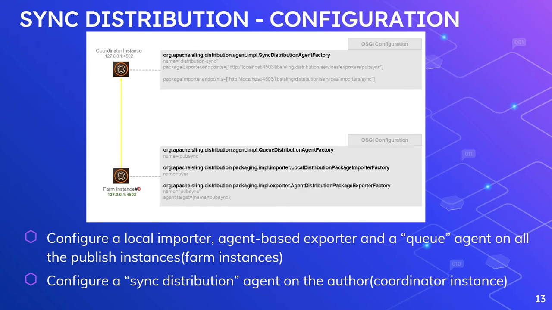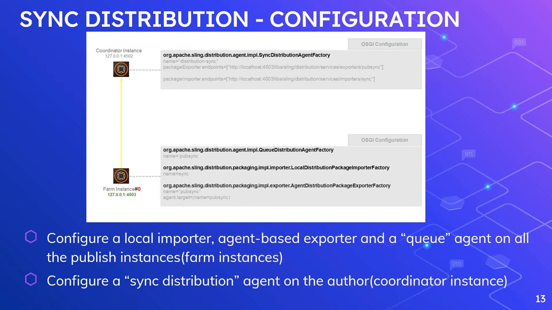Two different sets of configuration: one for author and another one for published instances. So all the published instances should have all these configurations mentioned here for publishers. Author is specific to this. So in the published instance, we should be configuring a local importer. The local importer will receive the changes from author that originated from the other published instance.